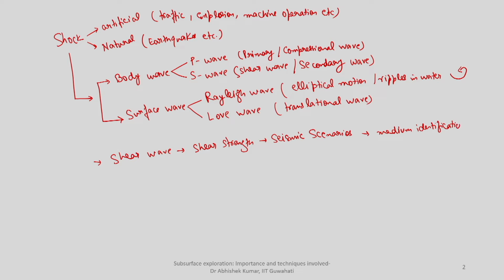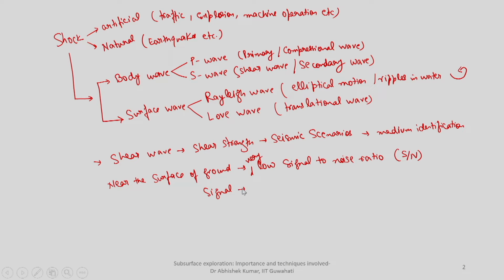But the issue with body waves is that near the surface of the ground, body waves have a very low signal to noise ratio, or S/N. The signal is the vibration you detect based on the source, which is known to you, and noise is vibration from other sources in the surrounding region.